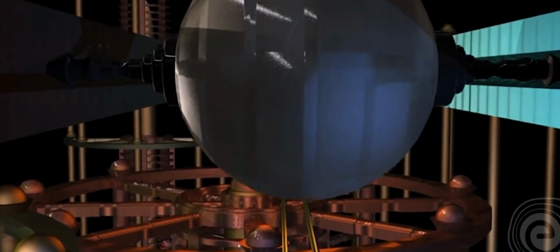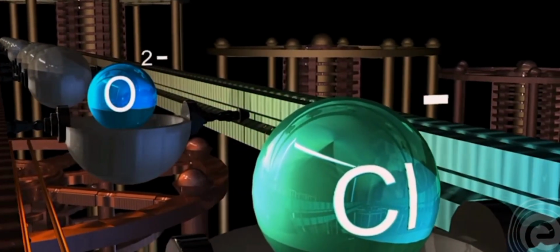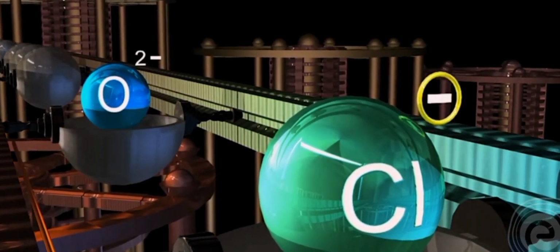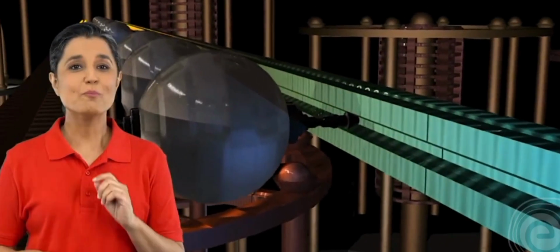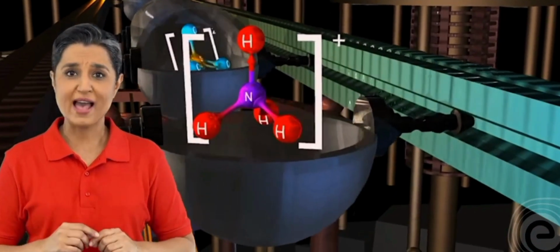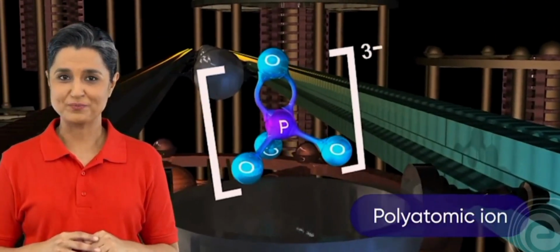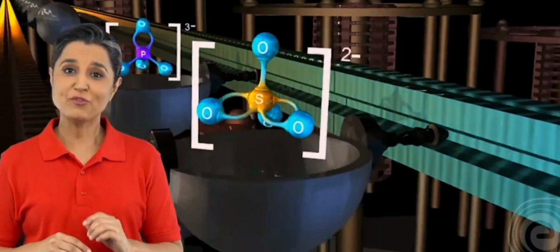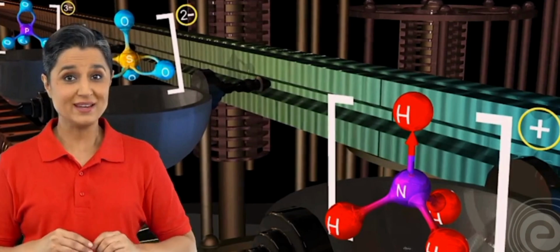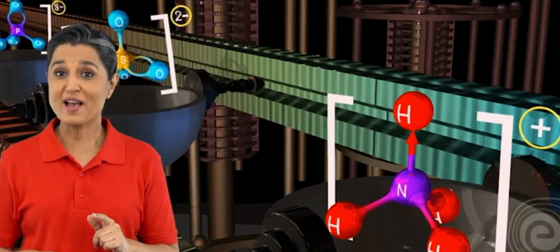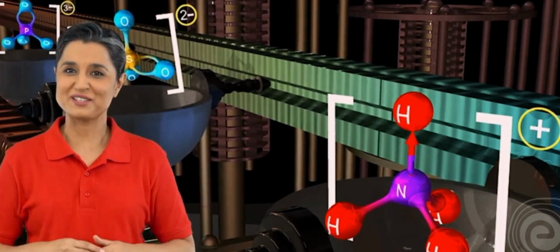The examples of anions are Cl-, O2-, etc., showing valencies of -1 and -2 respectively. Moreover, there exists a group of atoms carrying a charge known as polyatomic ions. For example, NH4+, SO4 2-, PO4 3-, etc. They show valencies of +1, -2 and -3 respectively.